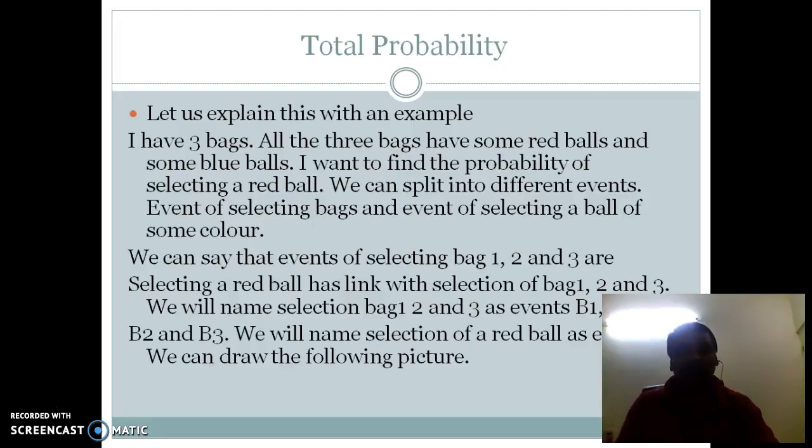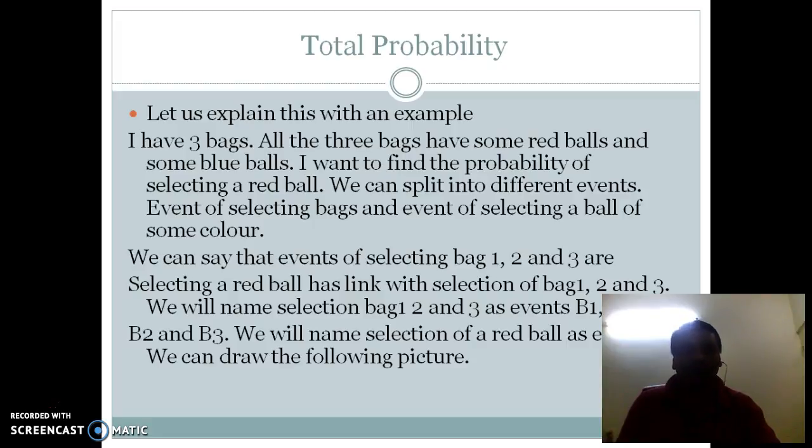We can say that the events of selecting bag 1, bag 2 and bag 3 are B1, B2 and B3.